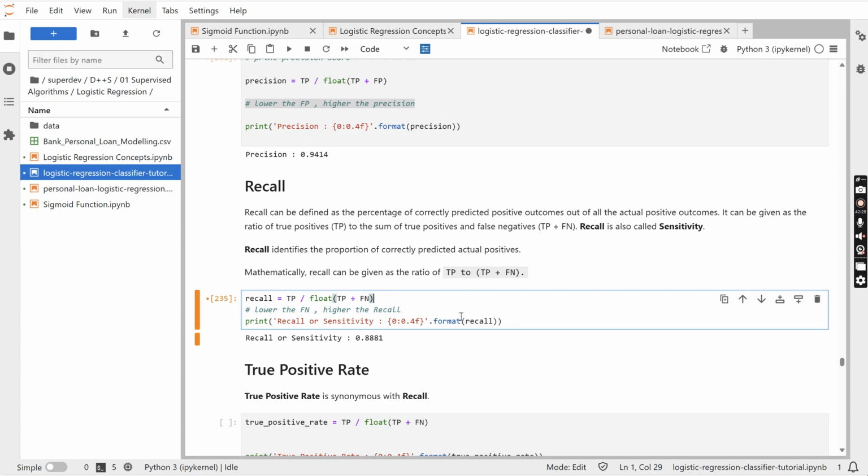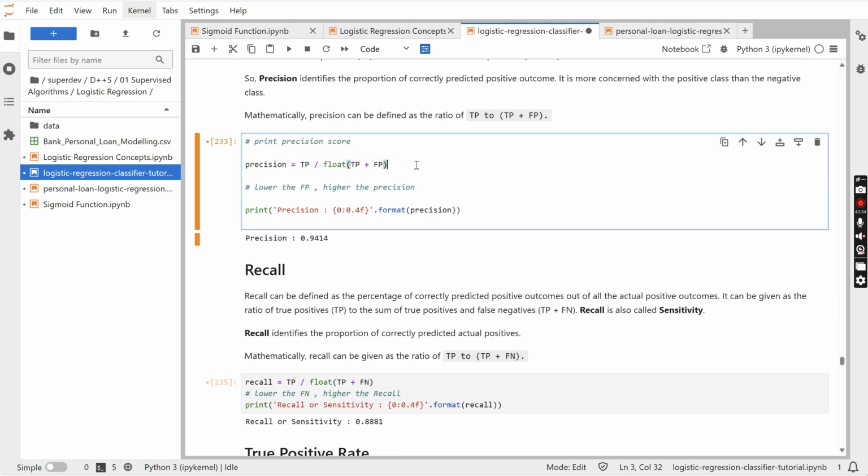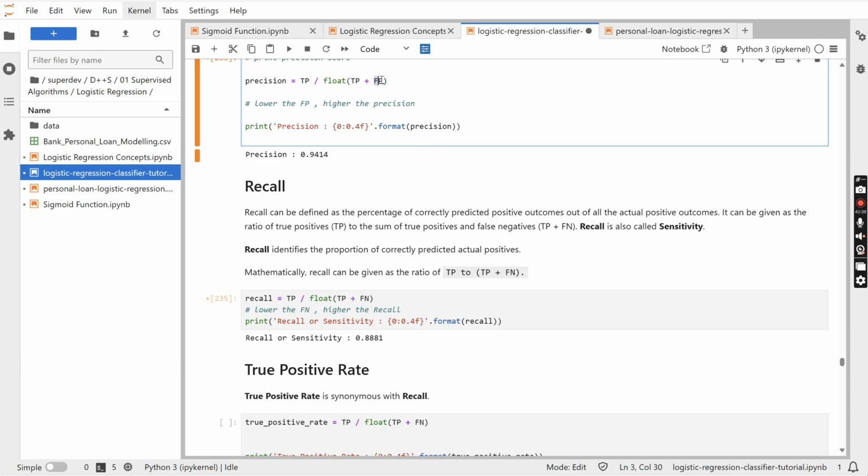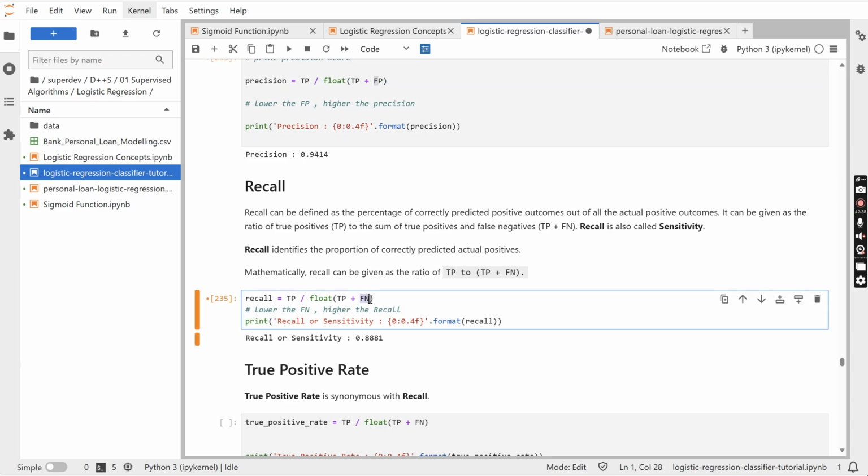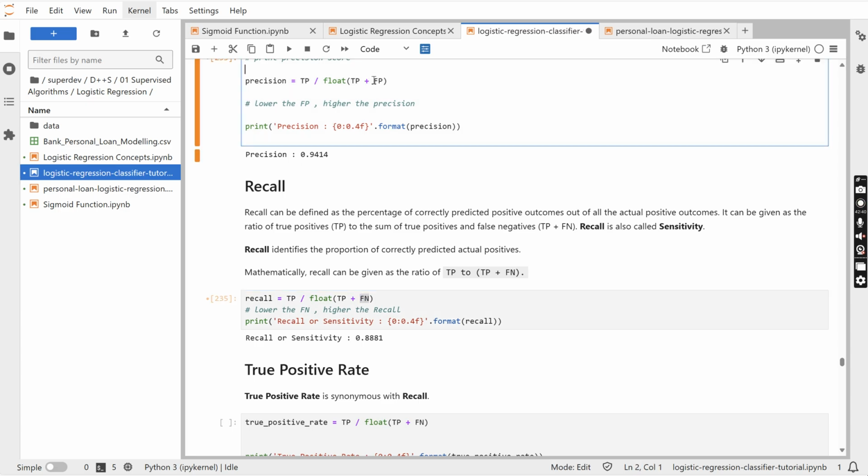But here's the catch. There is a dependency between recall and precision. What is the dependency? The dependency is FP and FN. In a real world scenario, it is really not possible to decrease both FP and FN.